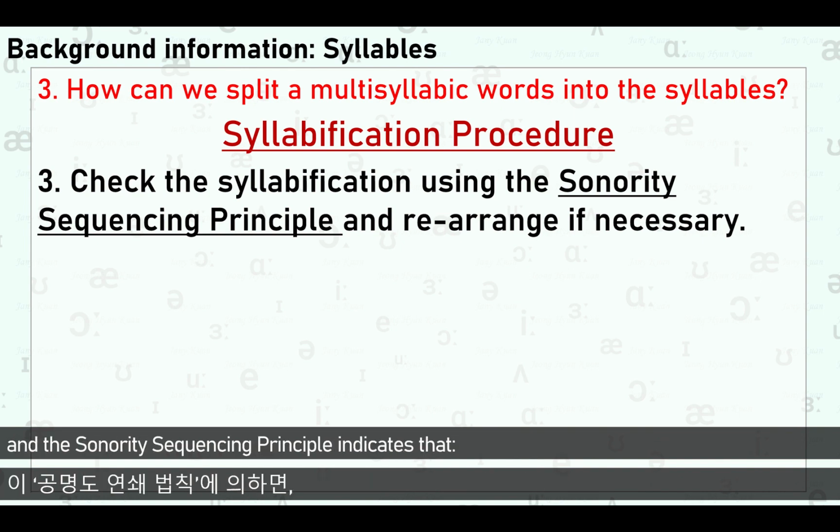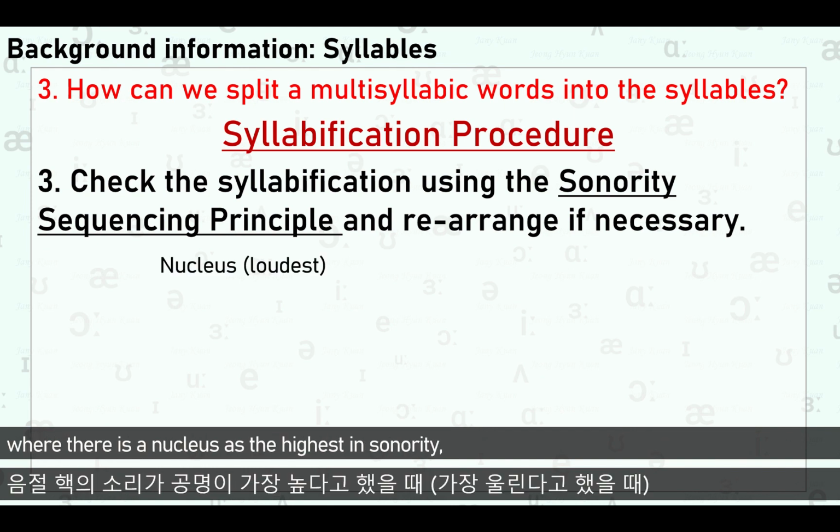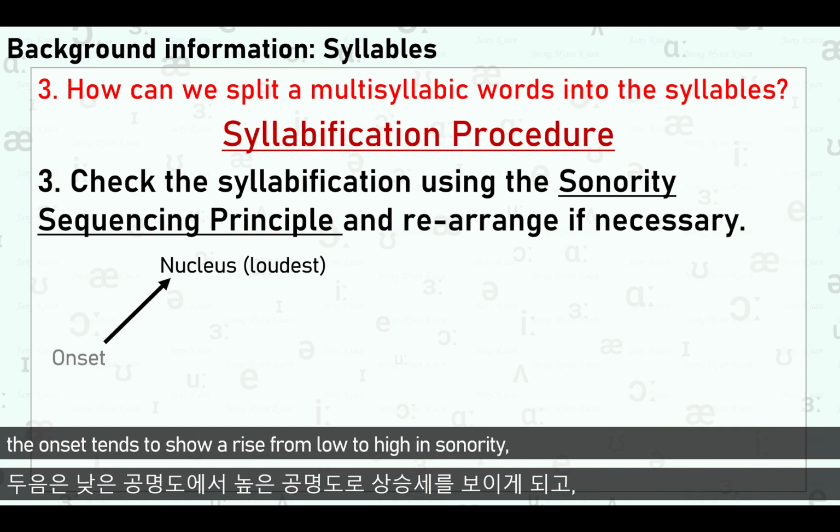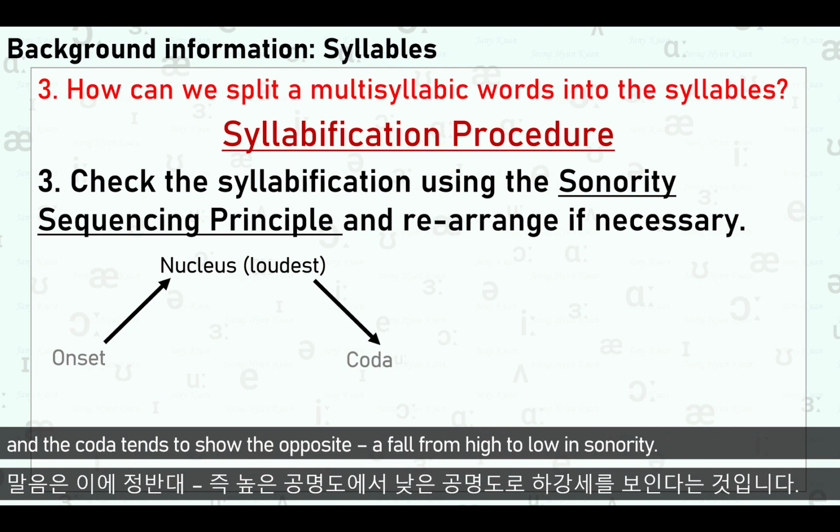And the sonority sequencing principle indicates that where there is a nucleus as the highest in sonority, the onset tends to show a rise from low to high in sonority, and the coda tends to show the opposite, a fall from high to low in sonority.